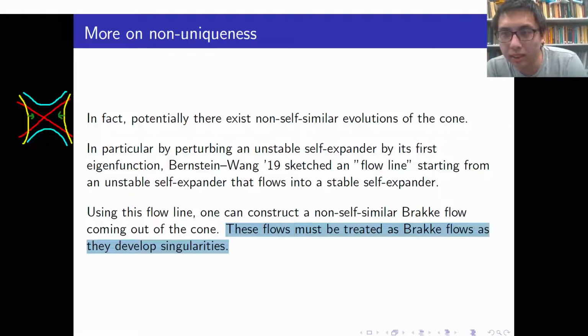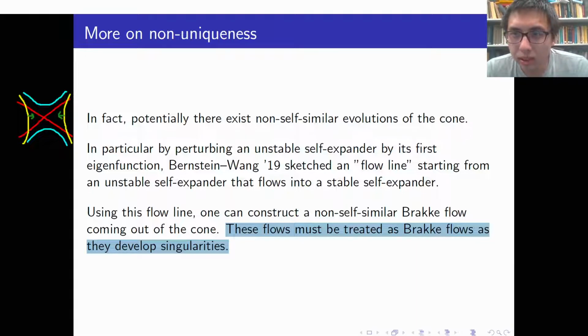Now, what I said is only for the flow constructed by Bernstein-Wang. It's not for the ancient flows that we have to take the limit of. But you can use a similar limiting process to deduce this, because the limiting self-expander is the same. It still flows into the light blue disconnected self-expander. There should be a discontinuity at some point during the flow, because they have to disconnect.